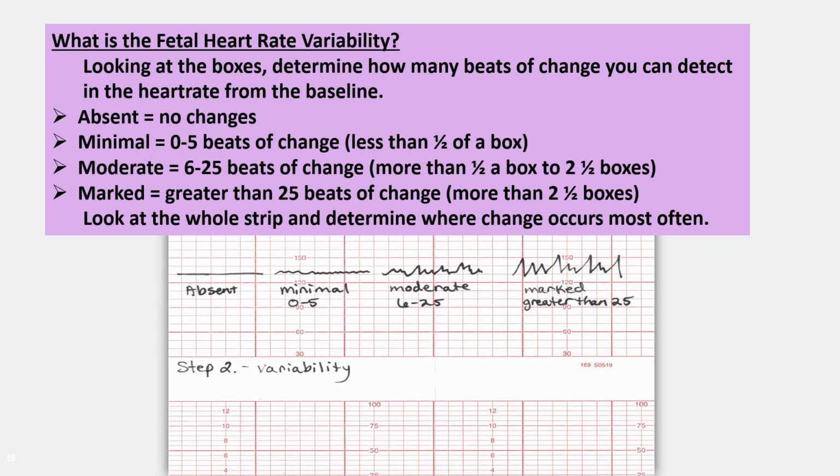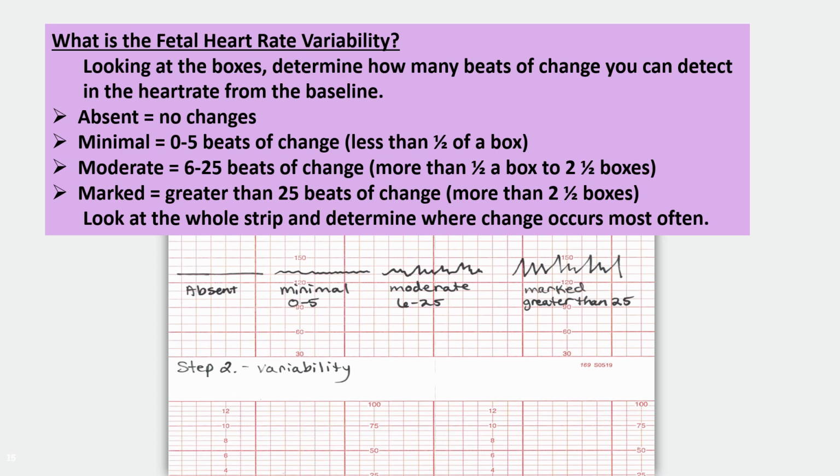All right, let's talk about variability. There are 4 types that you need to know. Absent. There's really no change in the baseline. They can have a normal baseline with absent variability, but this is a very ominous sign. It's not good. It essentially means that you have a dying fetus, if you detect absent variability.